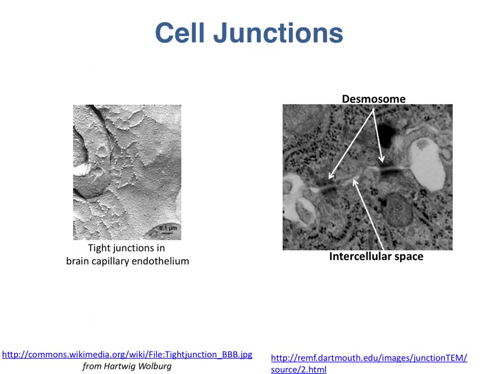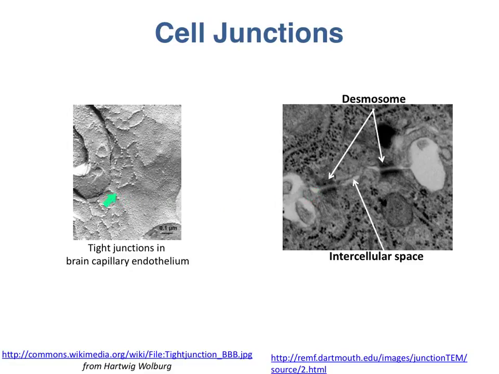Some membrane proteins function to attach cells to other cells. Points at which cells come together are called cell junctions. And there are a few different types of cell junctions. I've just illustrated here a couple that are important. We'll talk a little bit more about this when we get into discussing the tissues and we discuss epithelium.